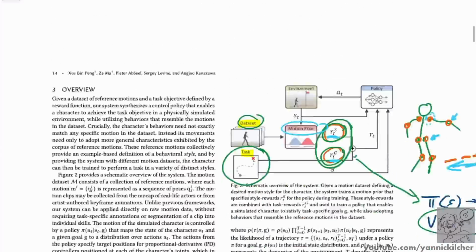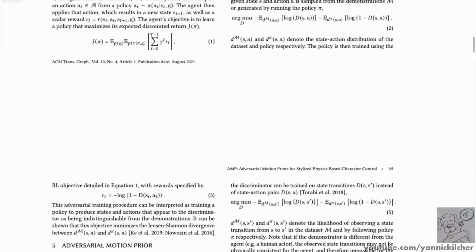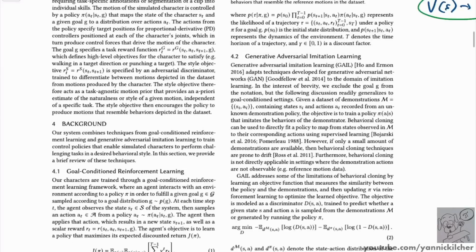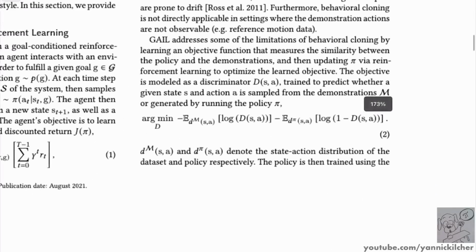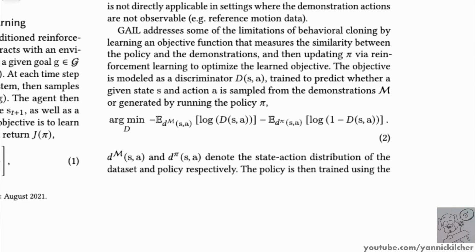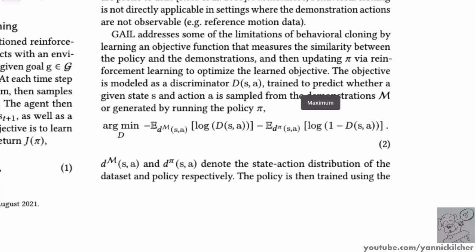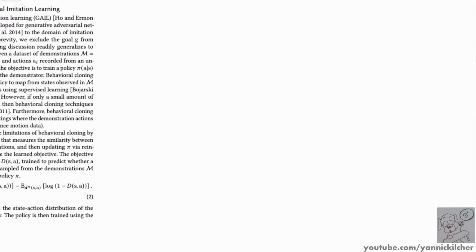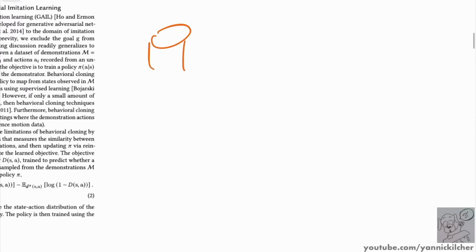And I'm trying to find the formula here. I think this here is the best description of it, though it's just a formula. So a generative adversarial model, I'm pretty sure you're all aware. There is a dataset right here.